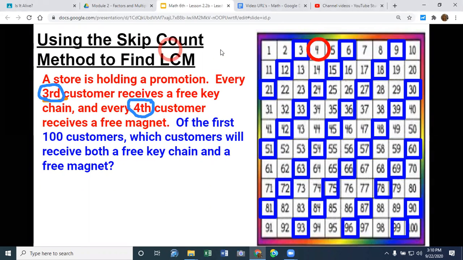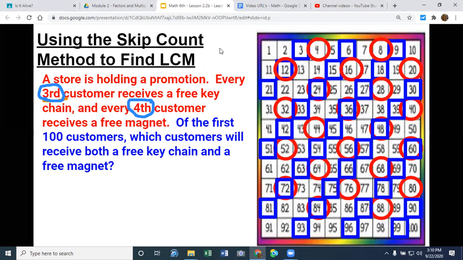So 4, 8, which one's next? 12, 16, 20, 24, and 28, 32, 36, and 40, 44, and 48, 52, 56, and 60, 64, and 68, 72, 76, and 80, 84, and 88, 92, 96, and 100. Which ones overlap?